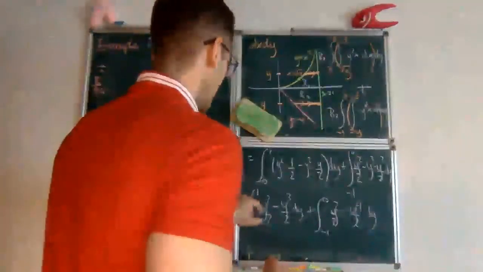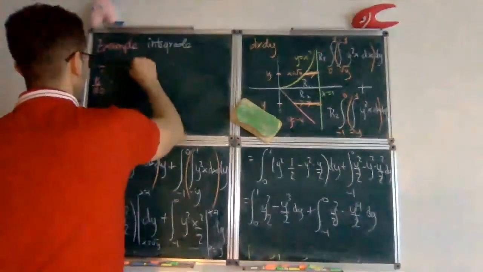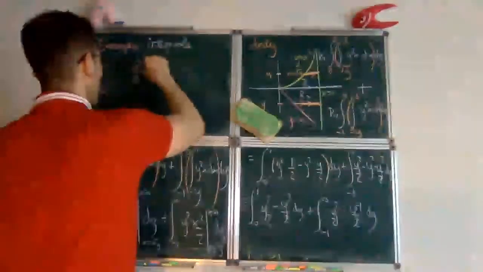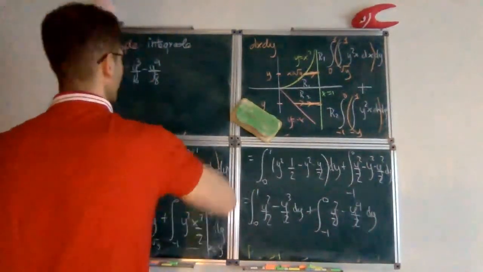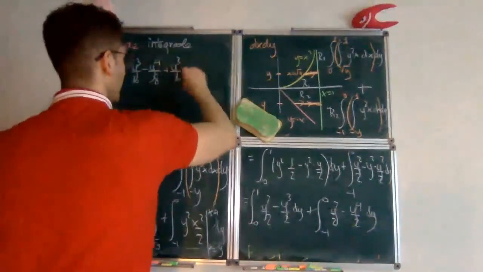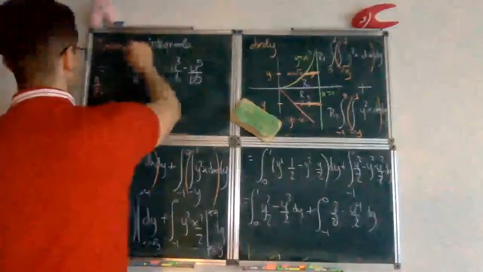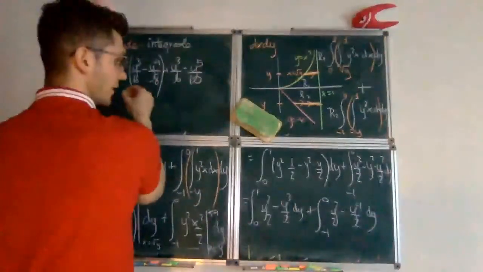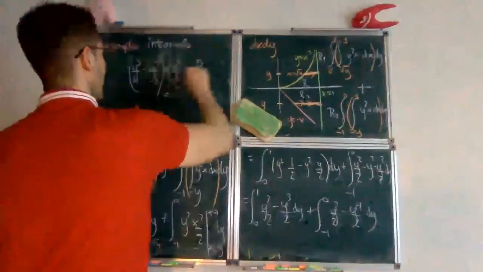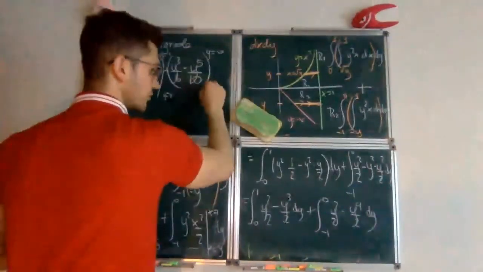And then this is y cubed over 6 minus y to the 4 over 8 plus y cubed over 6 minus y to the 5 over 10. Okay, these ones are being evaluated at y equals 1, y equals 0, and these ones are being evaluated at y equals 0, y equals -1.